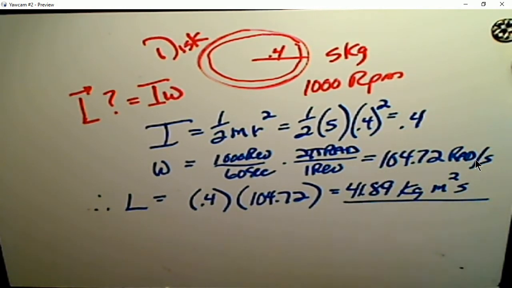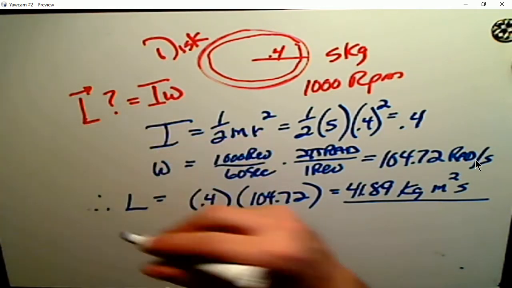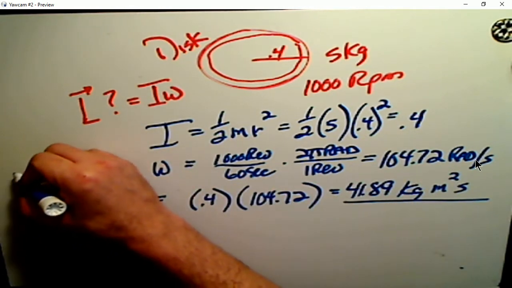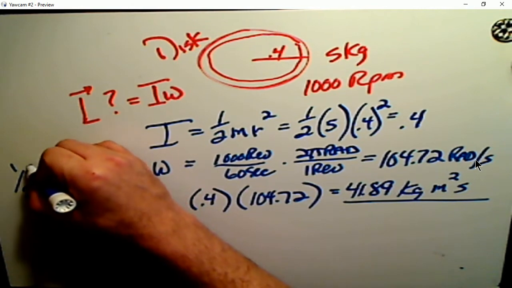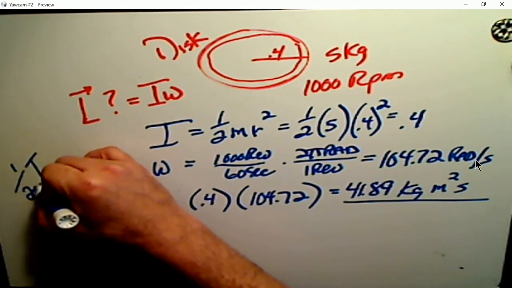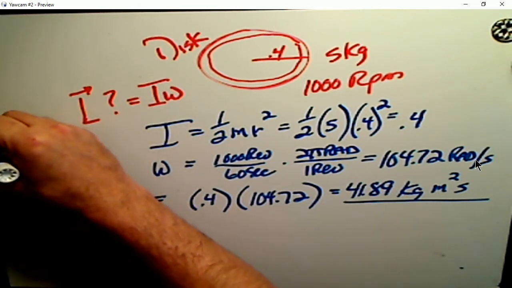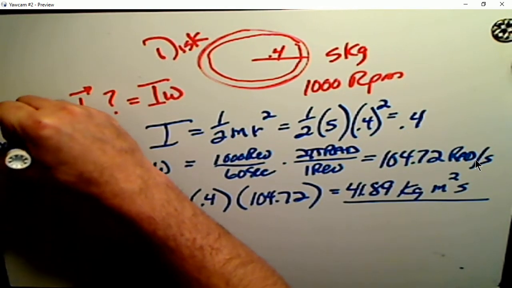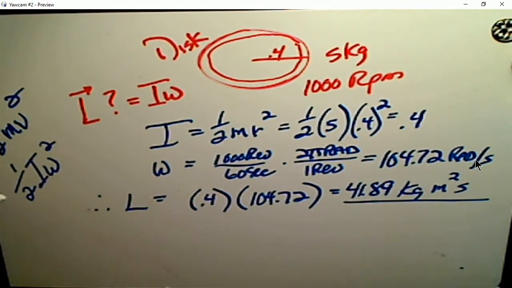The angular momentum. Now, if you remember in our previous topics, we did kinetic energy, and of course, kinetic energy is 1/2 I omega squared, right? The equivalent in terms of linear motion, of course, is 1/2 mv squared.